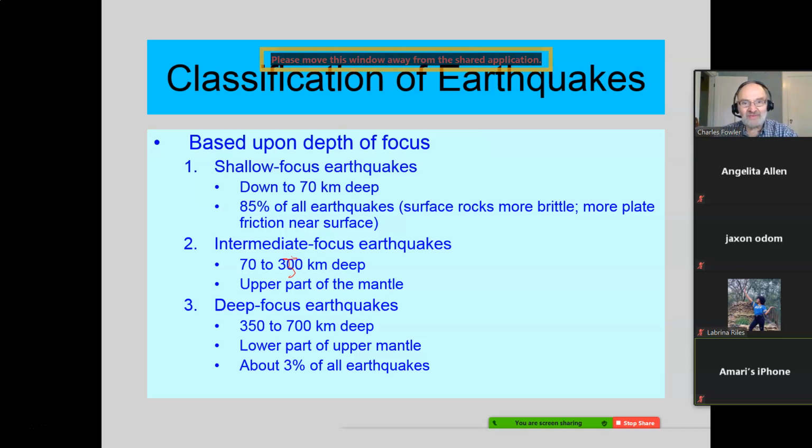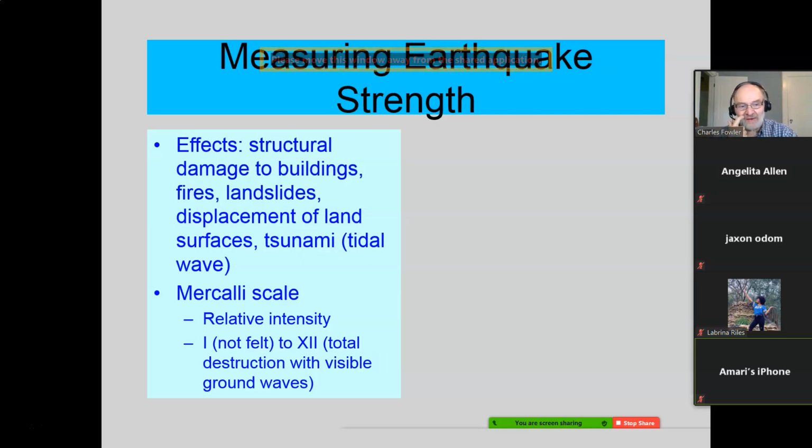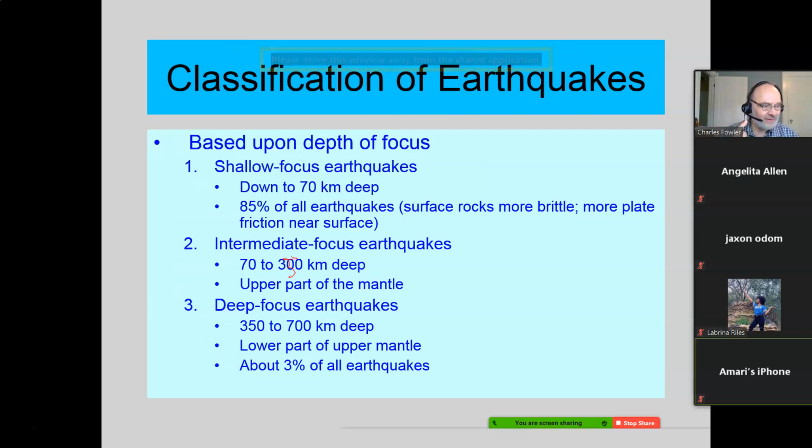Okay, so that's how we classify the earthquakes. Now, before we get into measuring the earthquake strength, let's look at the examples that they give here in the text. I hope you got your books open, but if you don't, these are worth looking at. Again, they sort of stretch to make these examples here in the text, especially in the first part of the book, physics and chemistry, where you're doing all kinds of examples all the time.